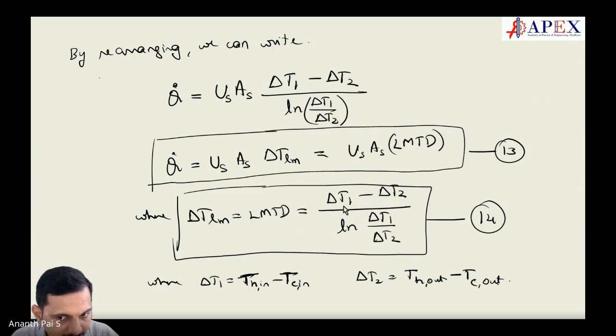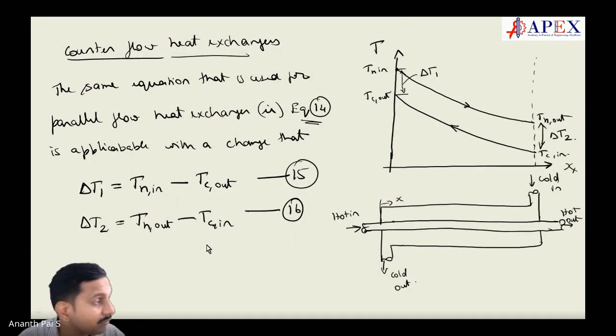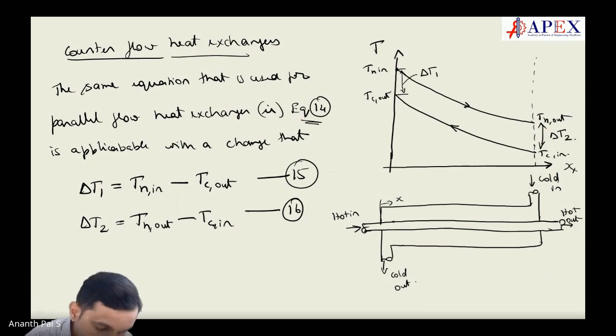This is delta T1 minus delta T2 divided by log of delta T1 divided by delta T2. Okay. But then in case of counterflow heat exchangers, the log mean of temperature difference would remain the same.